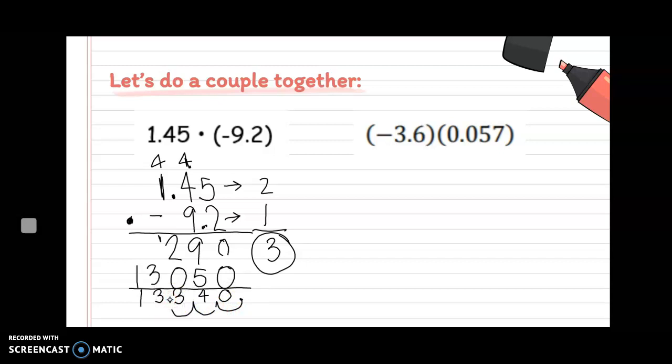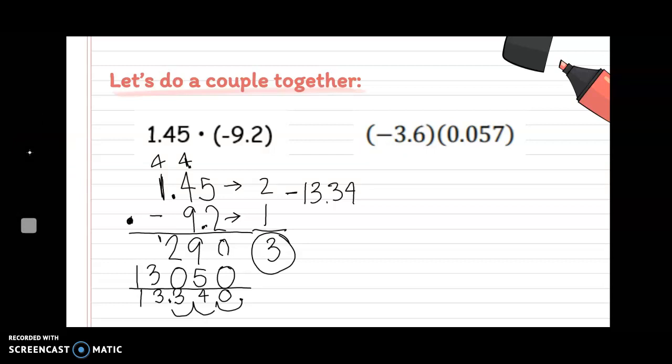So my solution to 1 and 45 hundredths times negative 9 and 2 tenths is negative 13 and 340 thousandths. If I wanted to, I could drop that 0 and say negative 13 and 34 hundredths.